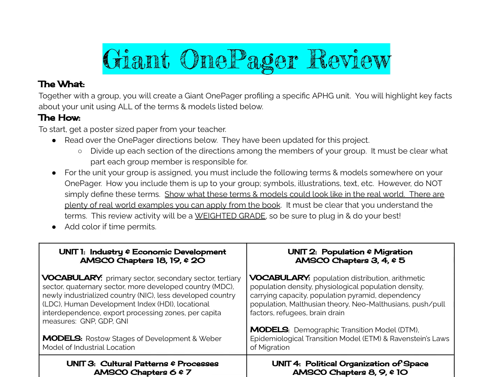There are directions down below that we'll look at in a second, but what I want you to look at is that you should not just define them. I want to know that you know what the terms and models look like in the real world. So not just the textbook definition here. You need to give real world examples, either from your notes or from the textbook, but I want to see the application of the term and not just a definition.